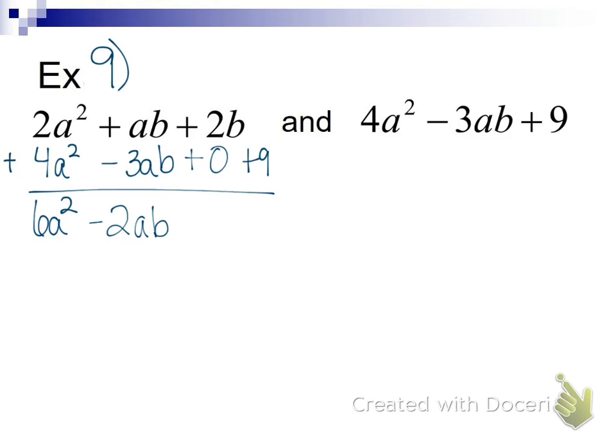Negative 2ab. If I take 2b plus 0, I get 2b. And then what am I really adding to the 9? Nothing, or a 0, so plus 9. Questions getting to this point?